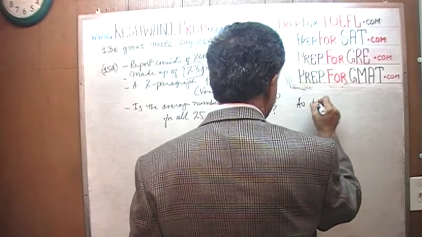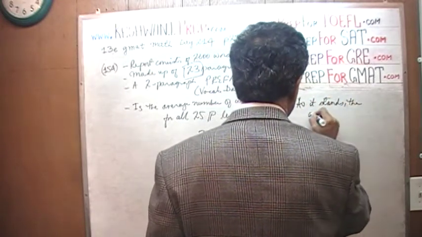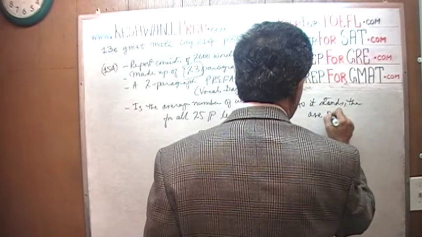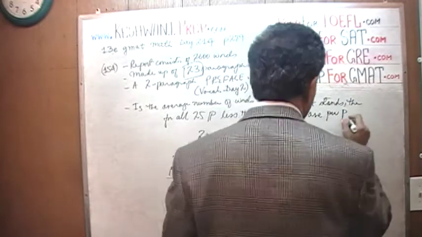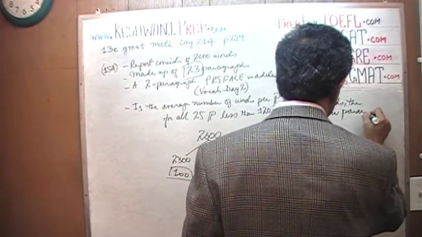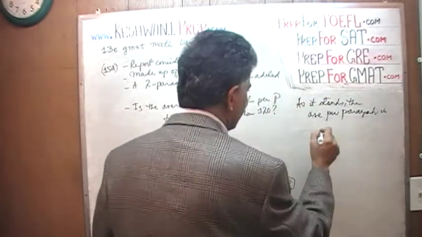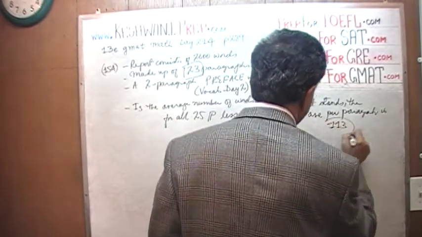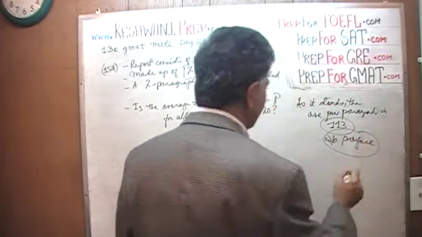As it stands, the average per paragraph is 113 without the preface.